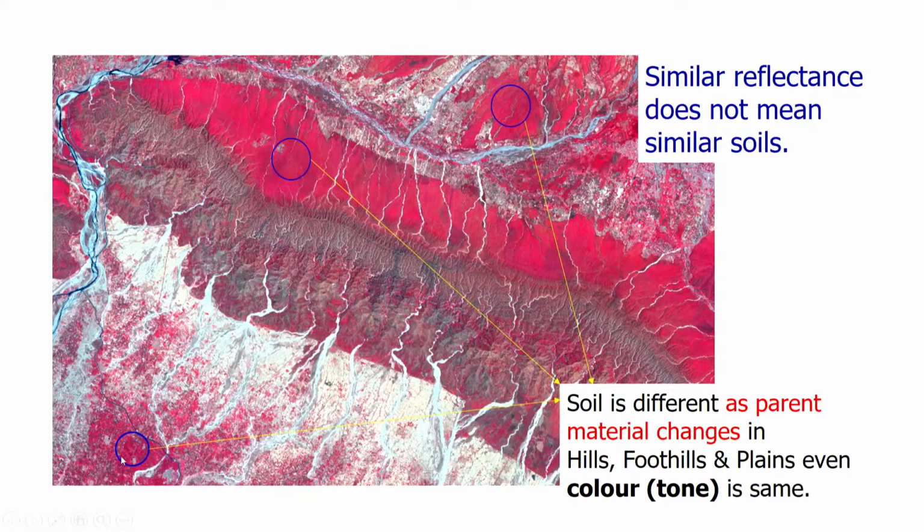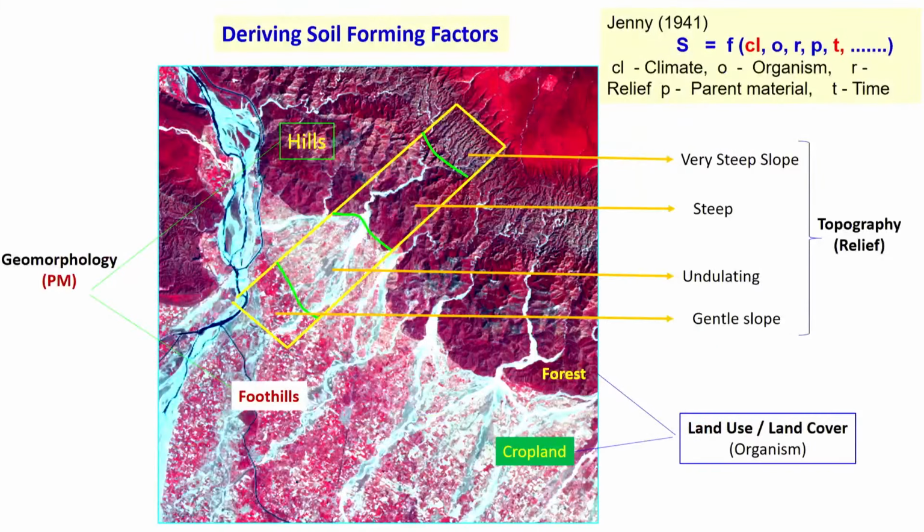So as the landform or geology is changing, soil is changing. So just by seeing the spectral characteristics or the FCC, we cannot say what kind of soil is there. So how can we see? We have to study the soil forming factors.